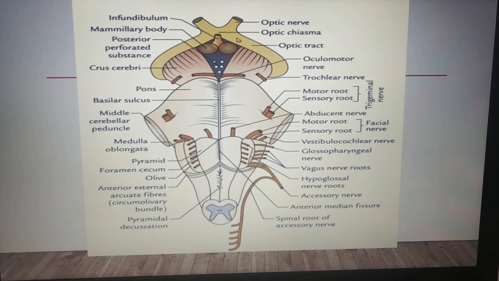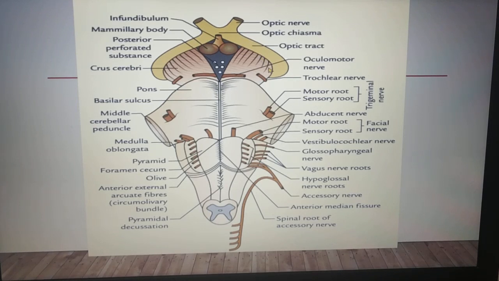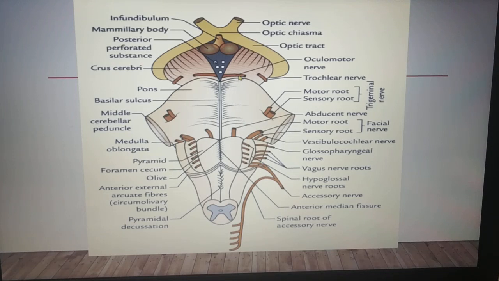The first structure is the optic tract. The second is the posterior cerebral artery, which is a branch of the basilar artery. The basilar artery lodges in the basilar sulcus on the ventral aspect of the pons. The basilar artery gives off the posterior cerebral artery just below the optic tract, and on the upper border of the pons it gives off the superior cerebellar artery, the third structure crossing over the crus cerebri.